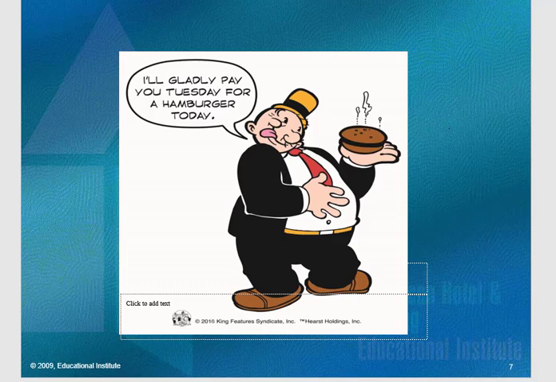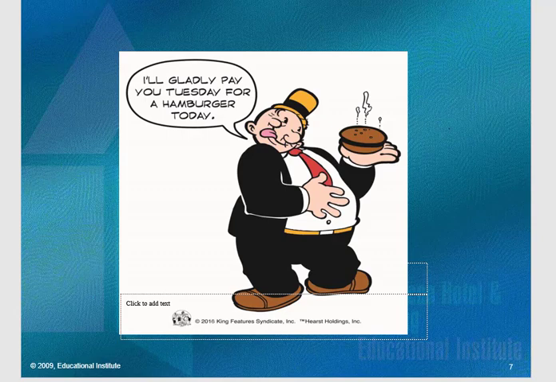Both of the parties know the terms. Payment is going to be made on Tuesday for the hamburger that is provided today. The subject matter is the hamburger, and we know probably from the menu what the price is. So the offer, acceptance, consideration, legality, and capacity are all present, and we have an express oral contract.